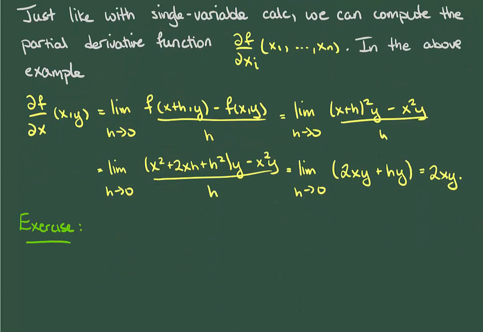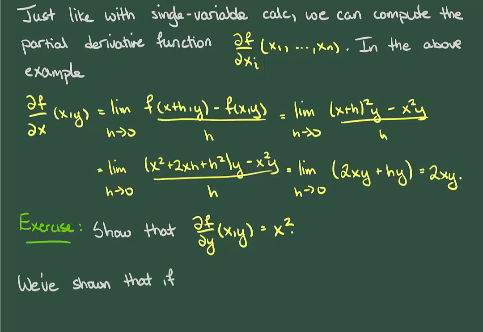You can and should check that if you do the general calculation for the y derivative, you get x squared. Seriously, pause the video and give it a shot. We've thus computed the two possible partial derivatives for the function x squared y, and this is what we got.